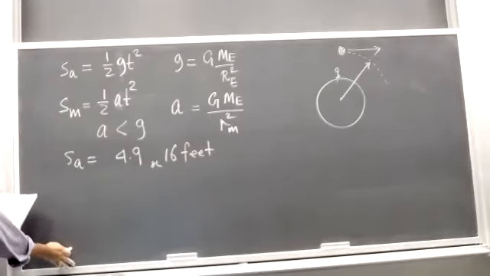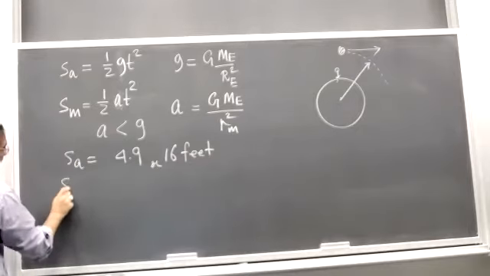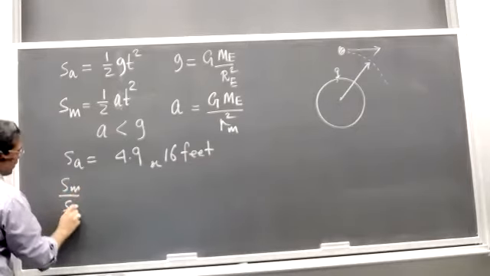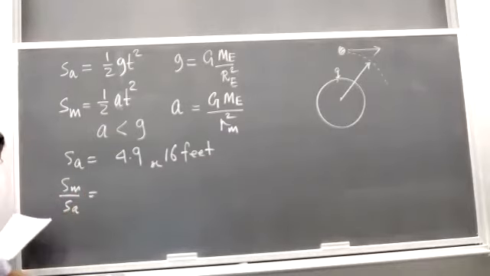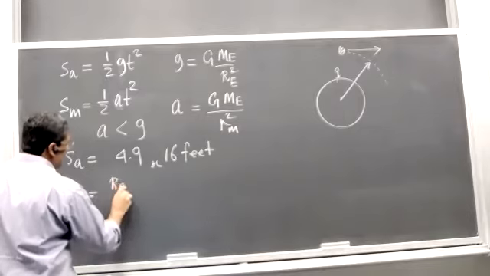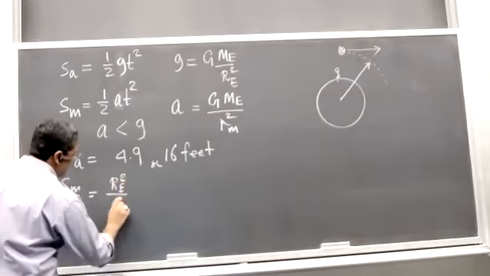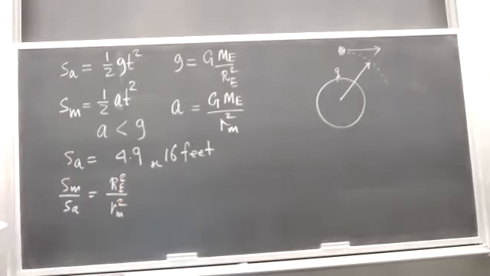This is easy. Now, if we take the ratio of these two quantities, SM over SA, that would be simply equal to RE squared over RM squared. All right.